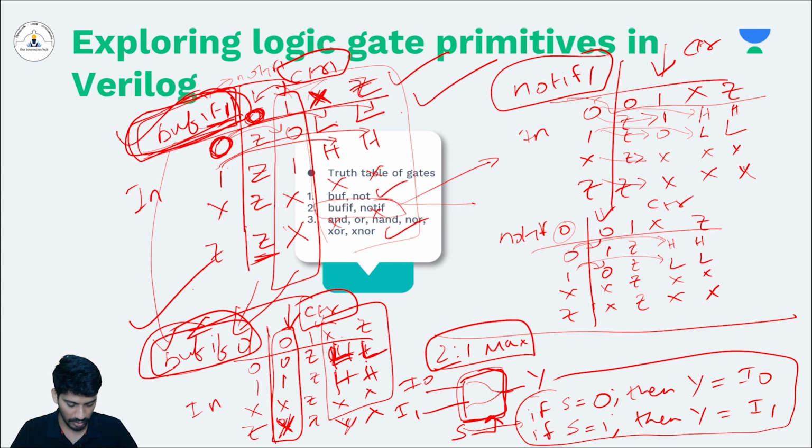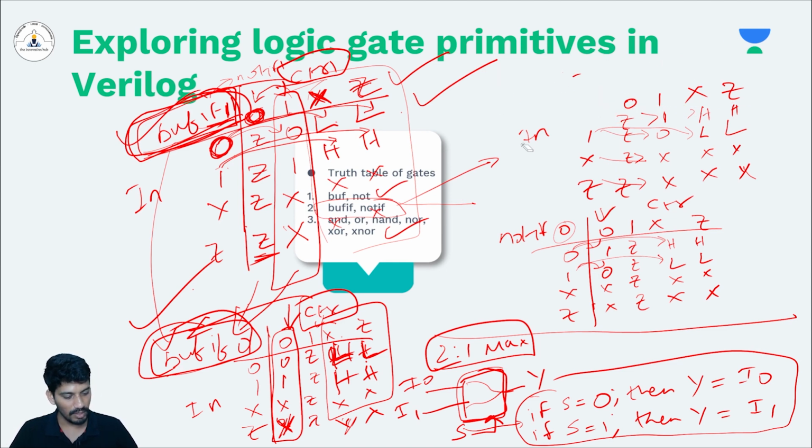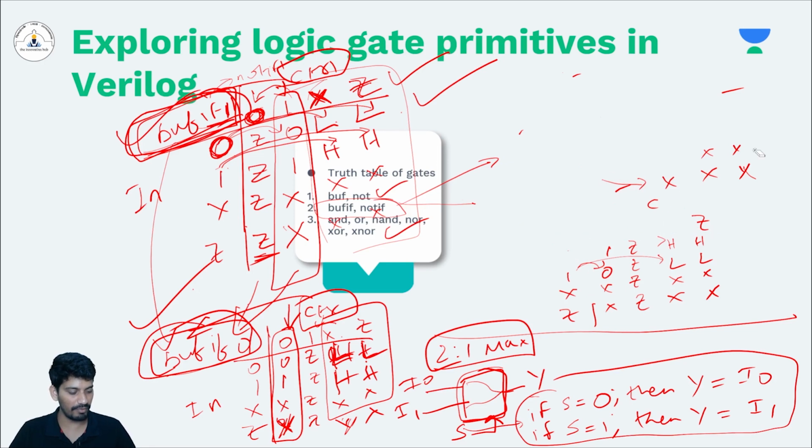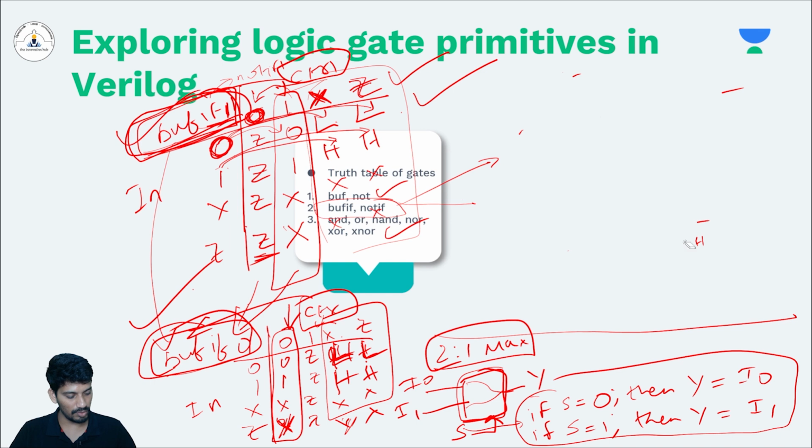Let me draw the schematic of 2:1 multiplexer using just two gates called buff if 1 and buff if 0. So it looks like this. You have a buff if 1. This is the schematic of buff if 1. This is control. This is input. This is output.